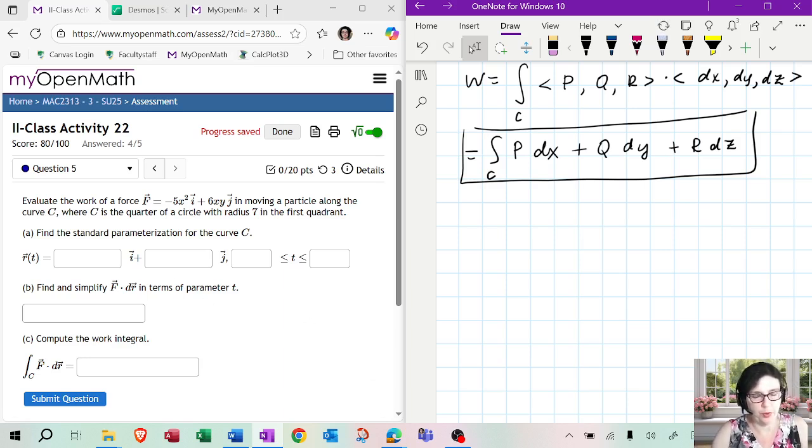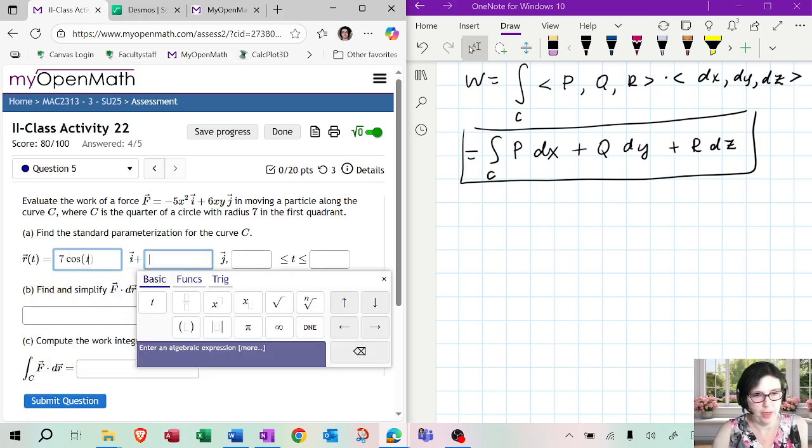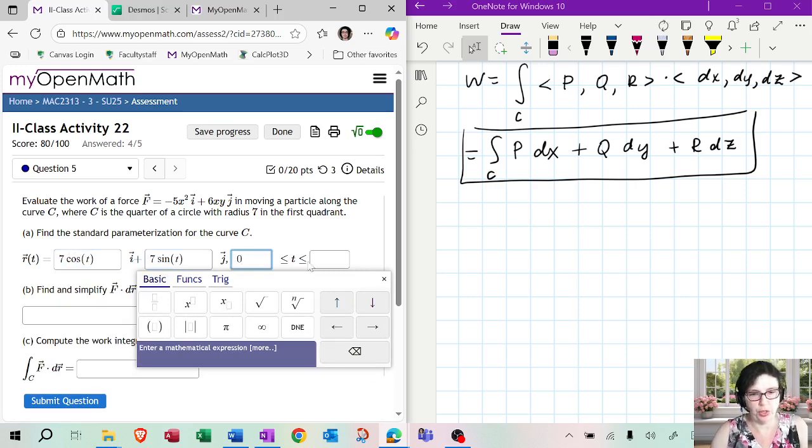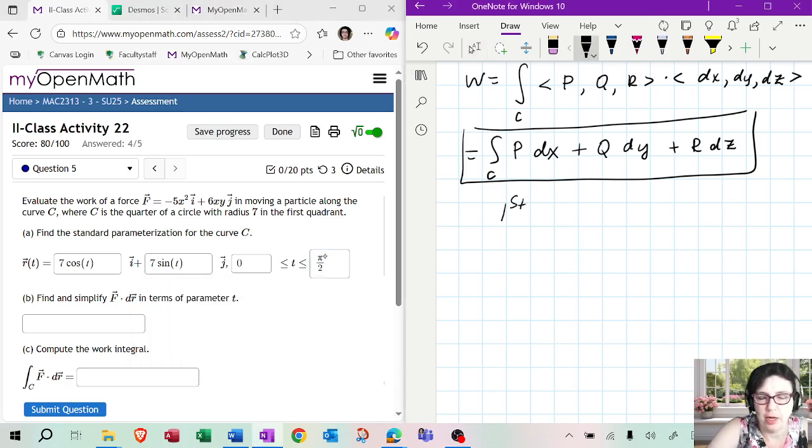By the way, they want me to make a parameterization for a circle with radius 7. That should be 7 cosine t, 7 sine t, and because it says first quadrant, this is just going to be 0 to pi over 2. Just reminding you that if it said first quadrant, this means that the angle changes from 0 to pi over 2.